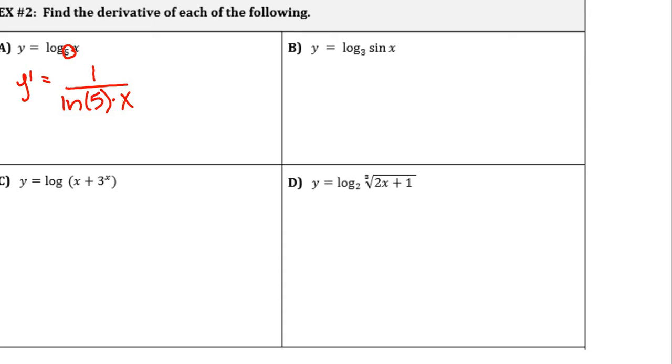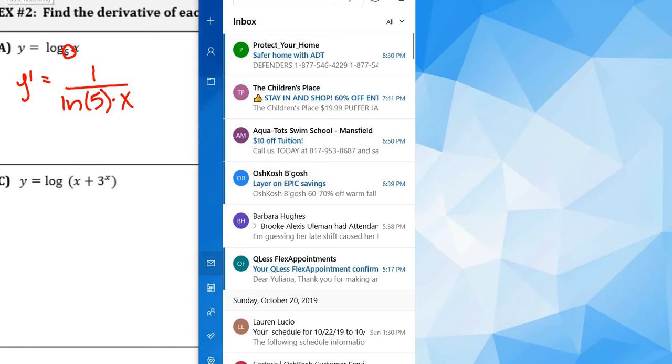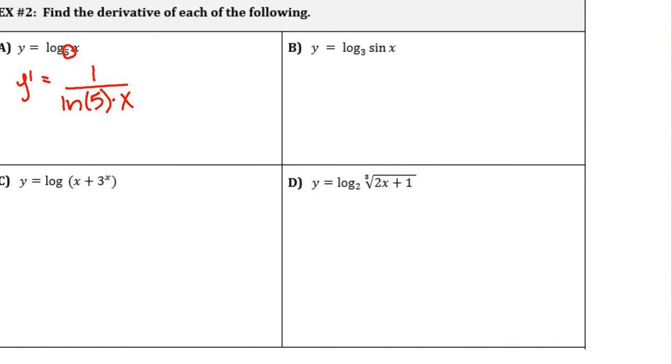And that's it. Looking at b, you have a chain rule here. My outside function, and that is not a parentheses, but you can almost write it like this, is this log with a base of 3, and the inside function is my sine of x. That's kind of my peanut there.